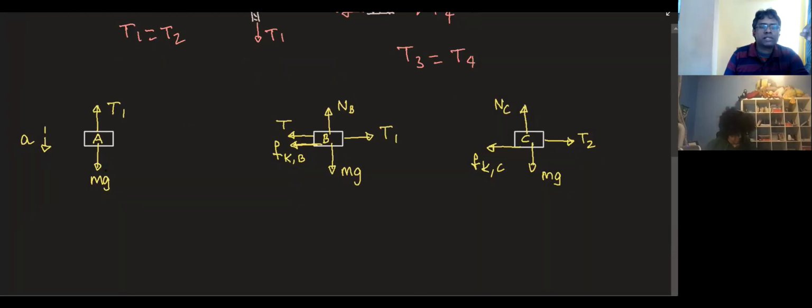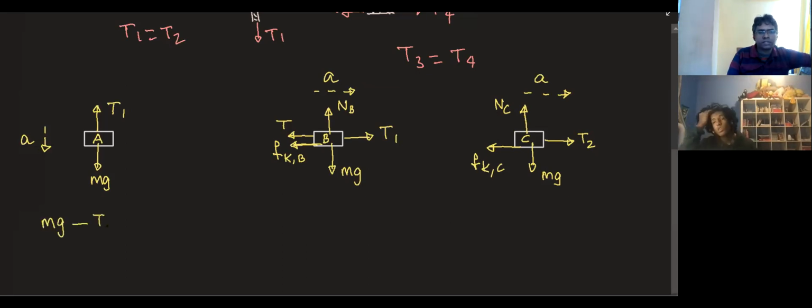Now, because A has acceleration a in the downward direction, both B and C, because they're all connected, should have the same magnitude of acceleration. So B and C are moving with acceleration a to the right. Now, if I apply Newton's second law for A, the gravitational force is assumed to be dominating. So mg minus tension is equal to mass into acceleration.